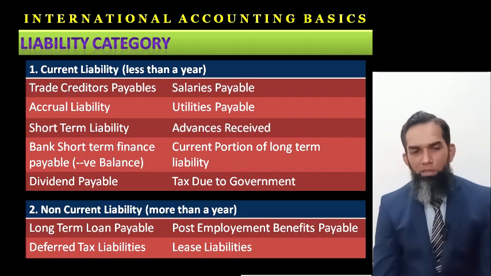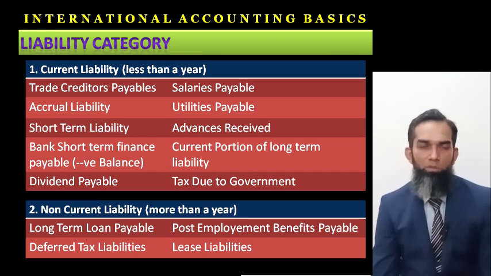Short-term liabilities are those liabilities which the company has to pay within a period of 1 year to the vendor, to the bank, and so on. For dividend payable, the company has to pay the dividend to its shareholders at the close of the period. If the dividend is not paid at the close of the period, that amount is classified as the dividend payable account.